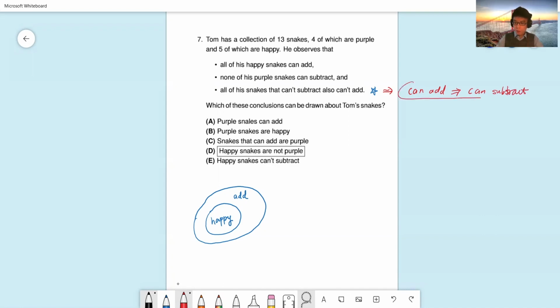That's an equivalent statement. That means the snakes that can subtract are a larger group than the snakes that can add. So this group is all snakes that can subtract.